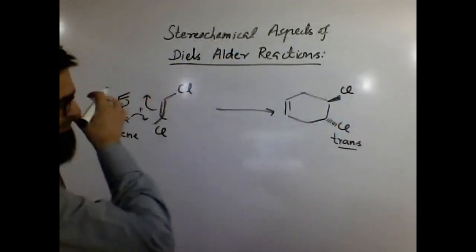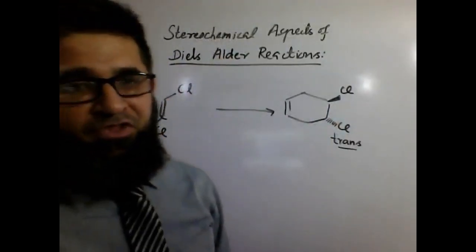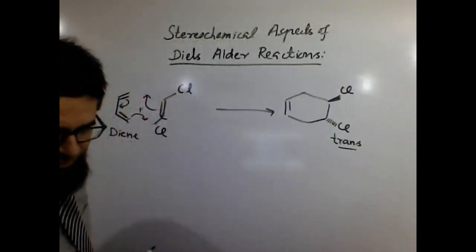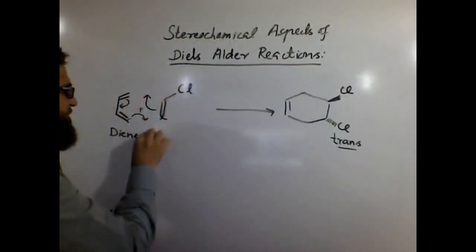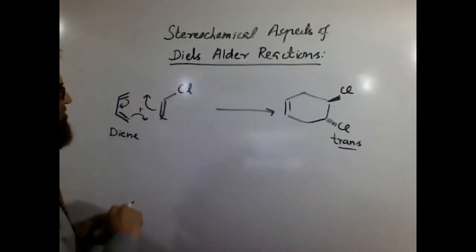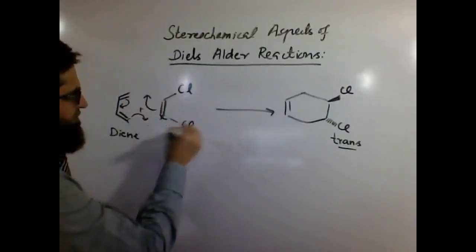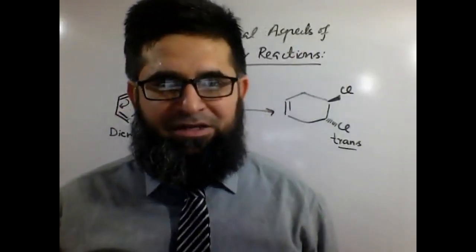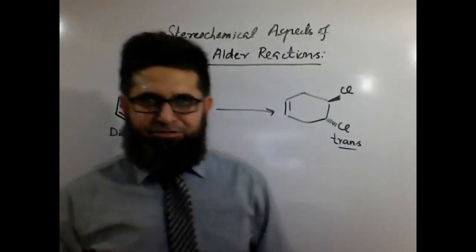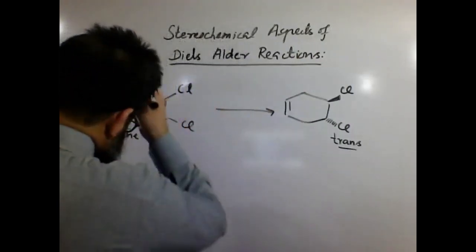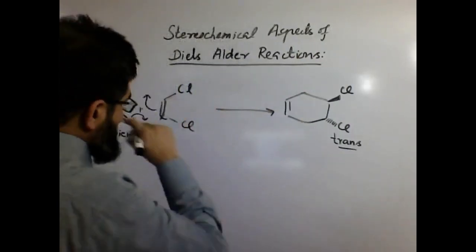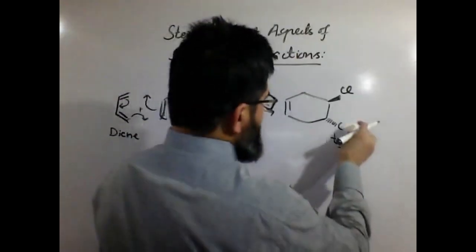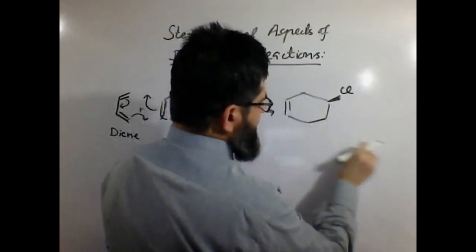However, when the two groups were in the same position, let's say the chloros are on the same side, meaning it's a cis alkene, both chloros on the same side, then we need to write these two chloros on the product on the same side.